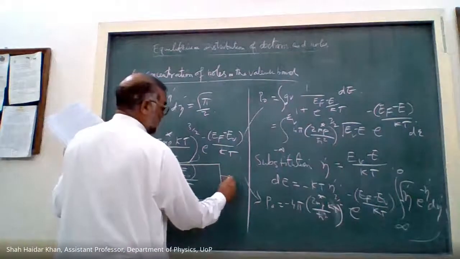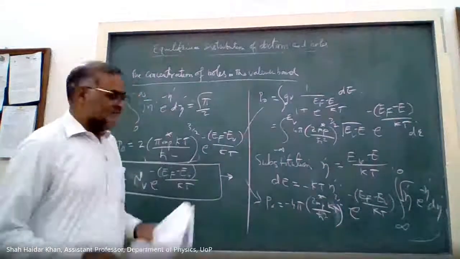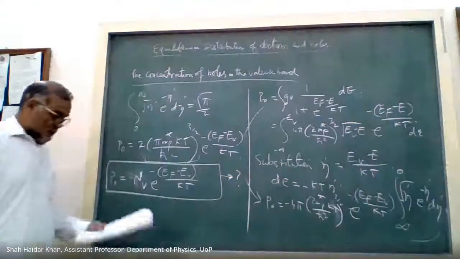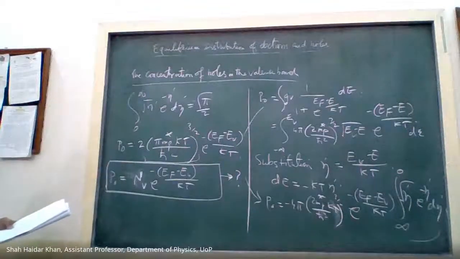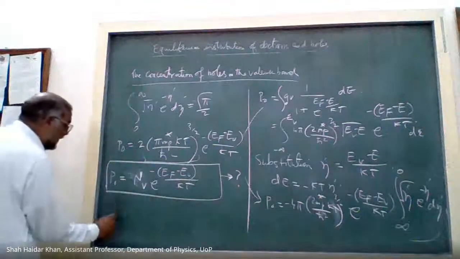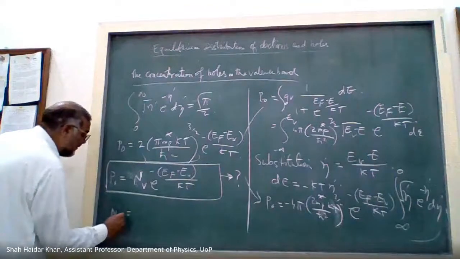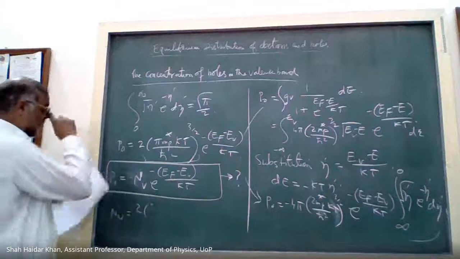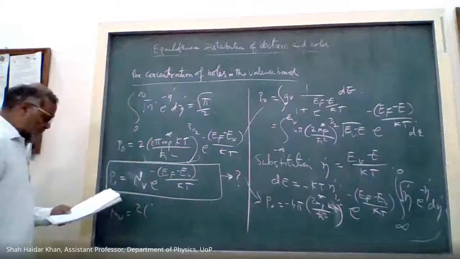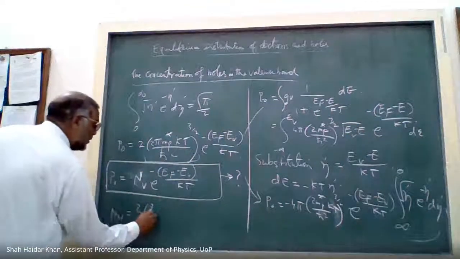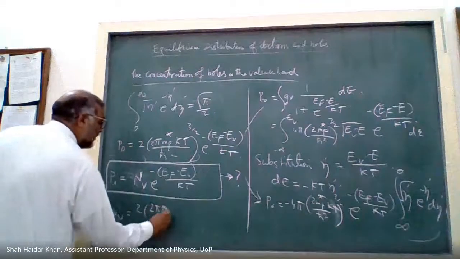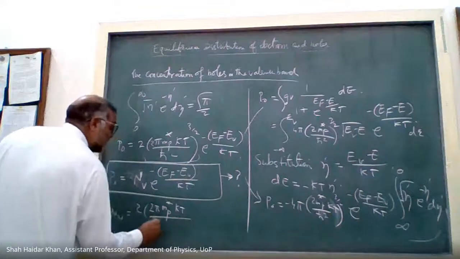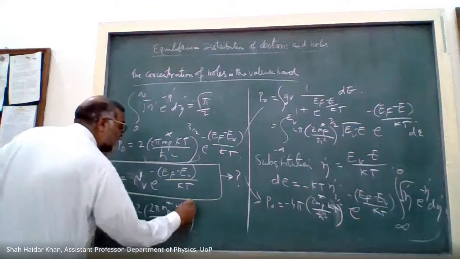This is equation number, you should find out what that equation number was, where NV is equal to 2 pi m_p star KT divided by h cut squared to the power 3 by 2.